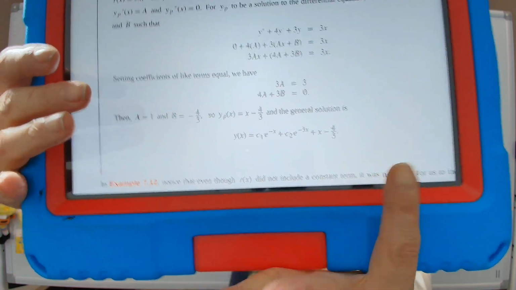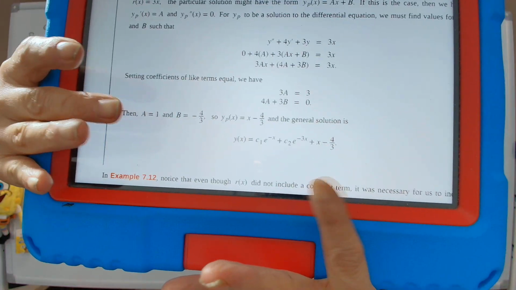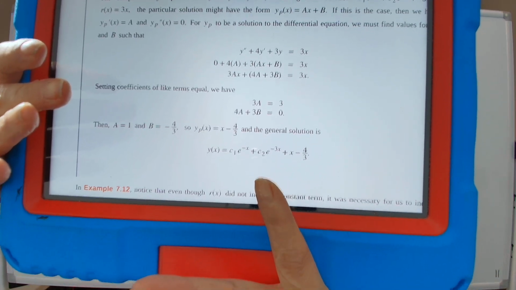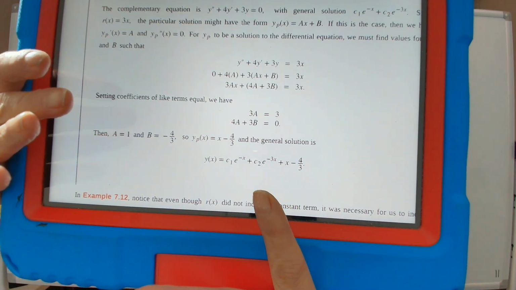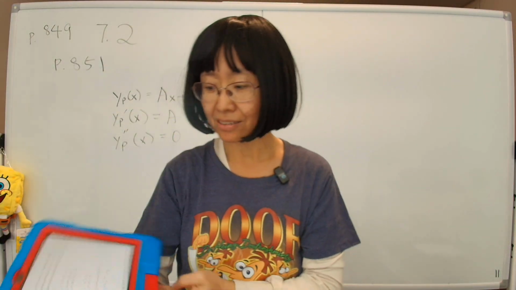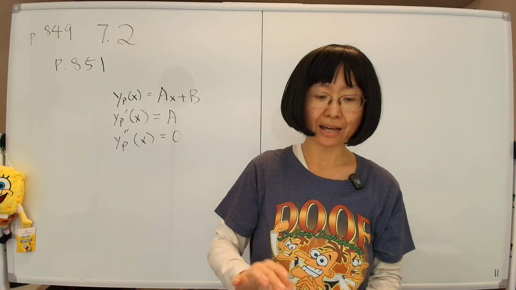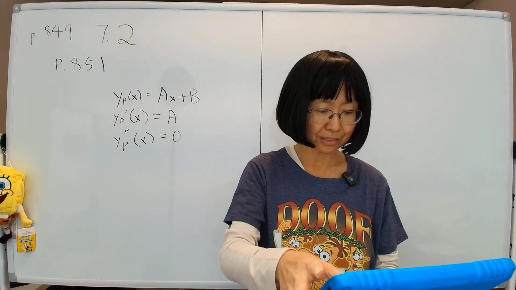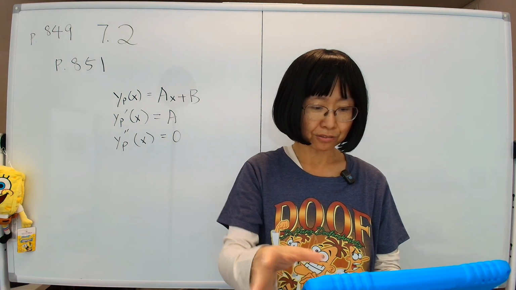Add that to the solution of the complementary equation, and that is the answer. So please do this example, example 7.12, as part of your homework.